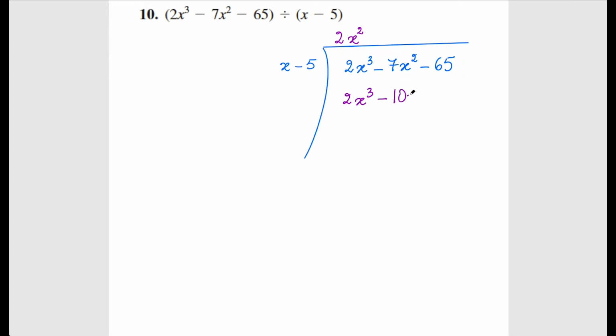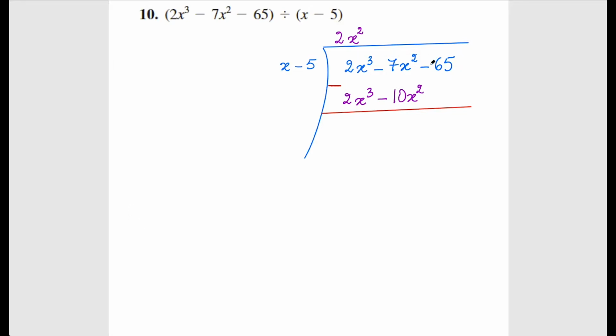Negative 10x squared. And what did we use to do at the level of numbers? We used to subtract the guy here from that guy here, right? So we used to perform the subtraction. So technically, what I'm doing here in a vertical fashion, I'm doing the following horizontal operation.